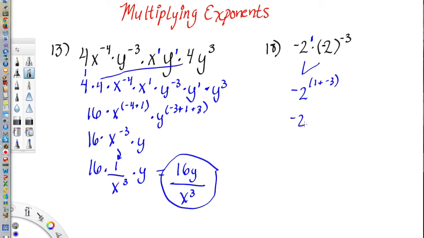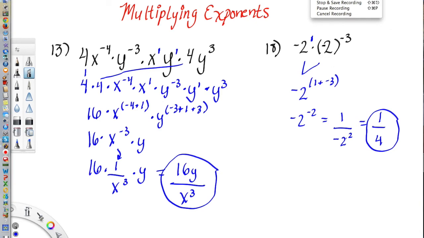When I add them up, I've got a negative 2. And I know that a negative exponent means I'm doing repeated division, so it's 1 over a negative 2 to the second power, which is going to be 1 over 4, since negative 2 times negative 2 is 4. And that is my final answer.